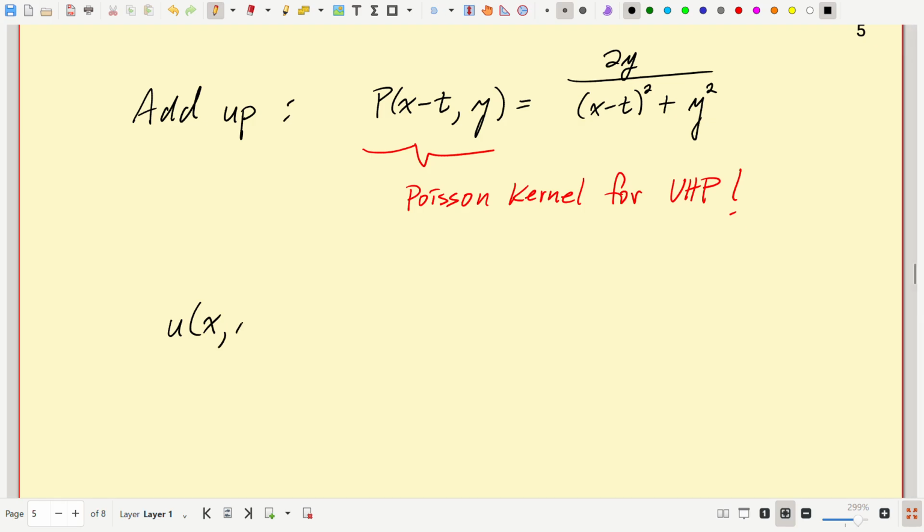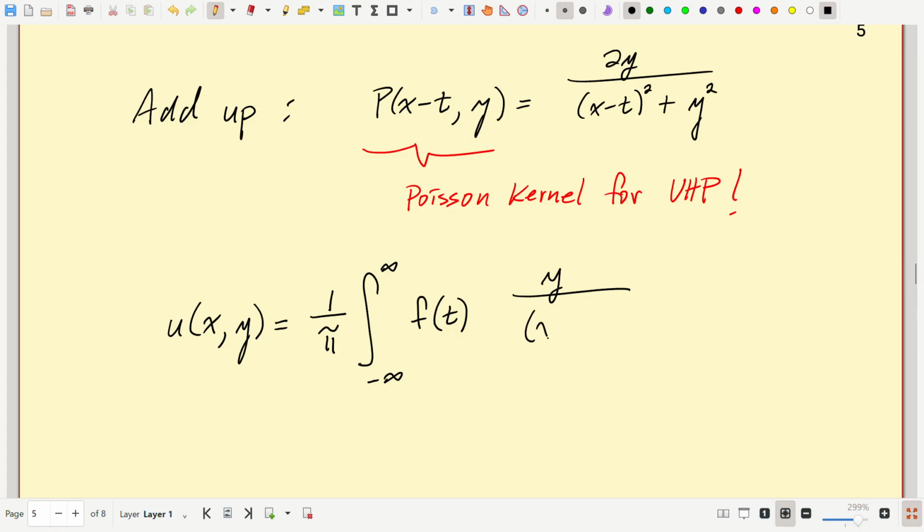My solution to the Dirichlet problem, let's say I've got a 2y there and I had a 1 over 2 pi. So in fact it's 1 over pi, integral from minus infinity to infinity, my given data function, that's the boundary temperature, times y over x minus t squared plus y squared dt.